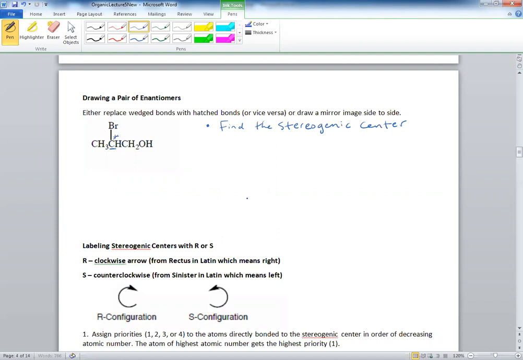The next thing is you need to draw the tetrahedral, or the 3D structure. If you remember, that's called tetrahedral. You learned that in Gen Chem. Talked about it this semester. So basically, this is what you do.